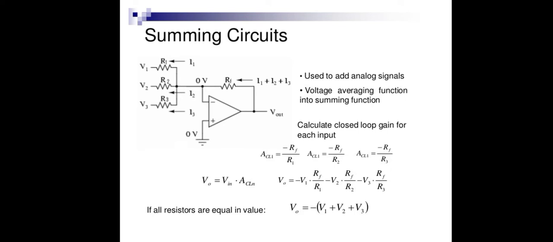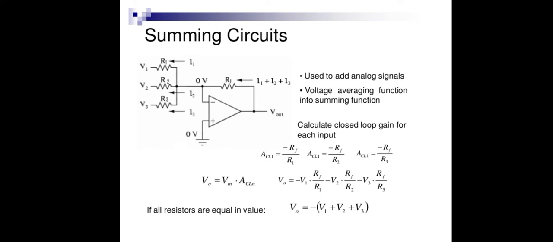The input voltages V1, V2 and V3 are applied across the resistors R separately. To calculate the gain, across R1 the gain ACL1 is equal to minus Rf upon R1, ACL2 is equal to minus Rf upon R2, and ACL3 is equal to minus Rf upon R3.